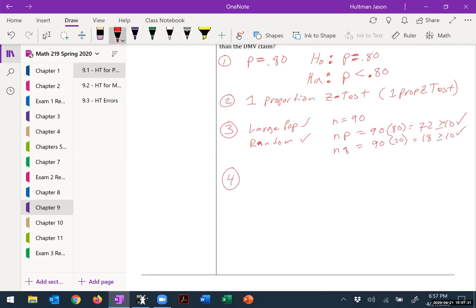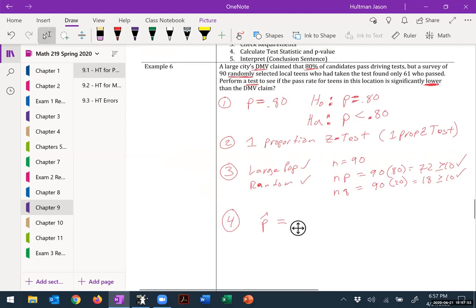Number 4, let's calculate our statistics. What's p hat in this case? P hat is our sample proportion.